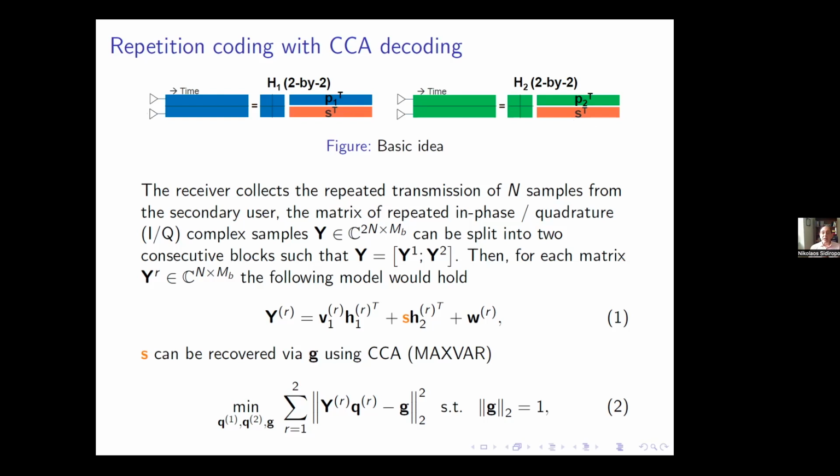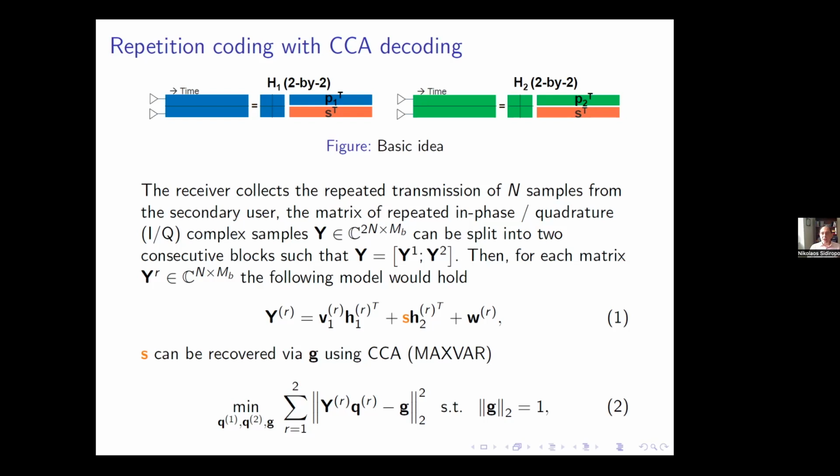I will explain why. These two matrices share a common one-dimensional subspace, and this common one-dimensional subspace is the orange signal, or what is spanned by this orange signal.